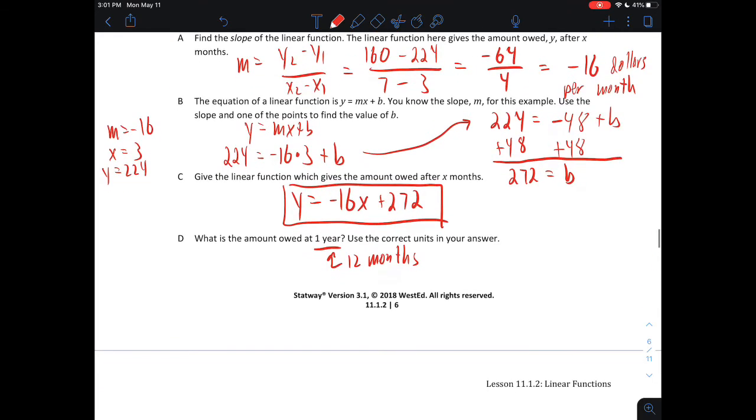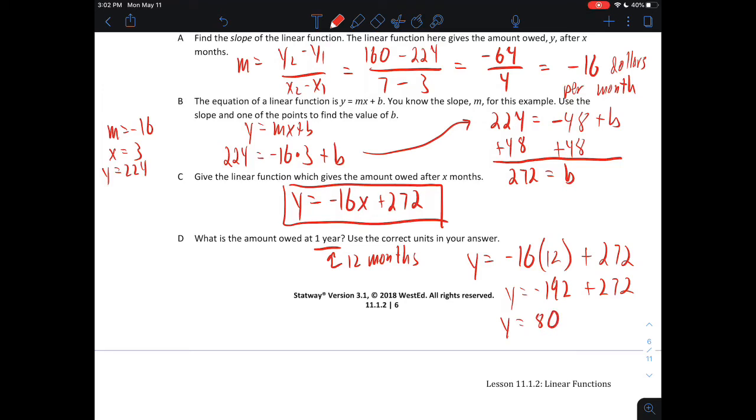So what is owed? y equal to negative 16 times 12 plus 272. So first, negative 16 times 12 is negative 192. And now add 272, and you end up with 80.